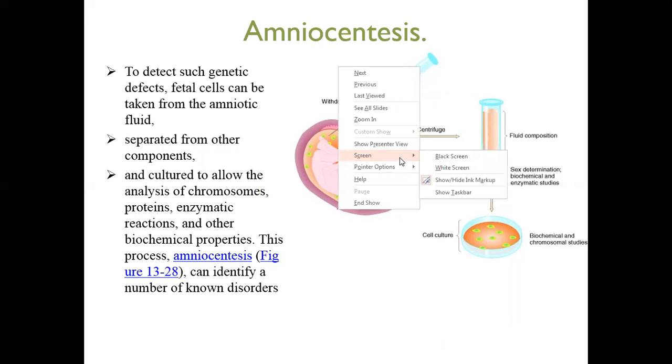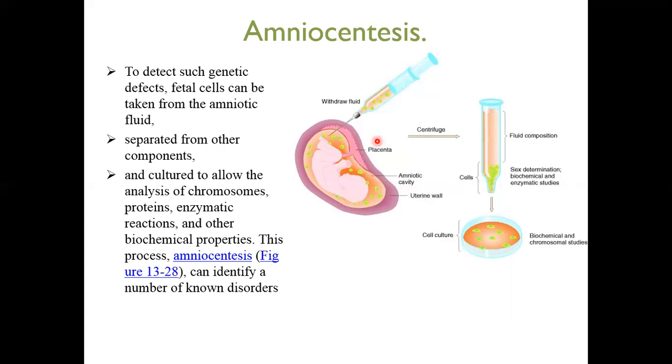At that time we need to separate these cells, because the sample contains amniotic fluid as well as the cells. We will centrifuge it, and on centrifugation the cells will settle down. Then we culture these cells on the required culturing media.